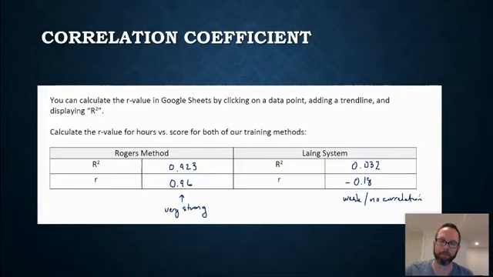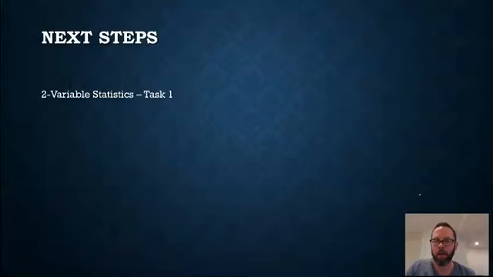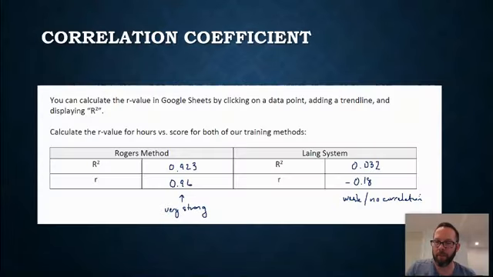So what you guys should be able to do after today is obviously make a scatter plot and make one using technology, fully labeled. I suggest using Google Sheets. I might use other programs as well later on. Know how to use that program to calculate R squared and hence the R value, the correlation coefficient.